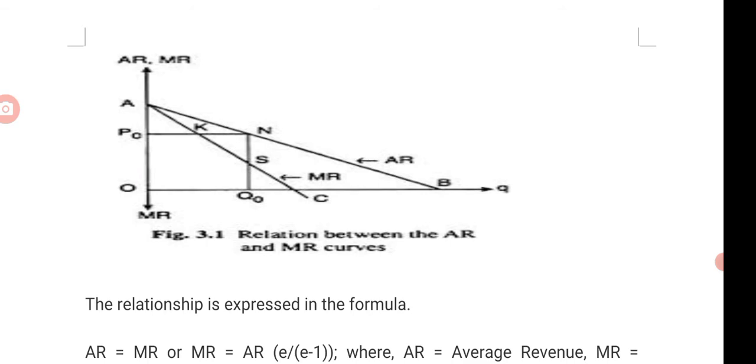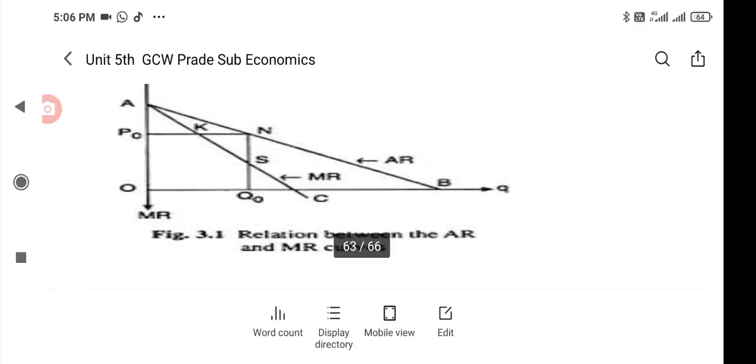Hence, NB upon NA is equal to NQ upon AP. Now, in triangles PAK and NSK, PK is equal to KN, angle PKA is equal to angle NKS, vertically opposite angles, and angle APK is equal to angle KNS, right angles. Therefore, triangles PAK and NSK are congruent. Hence, AP is equal to NS. This is the second equation.